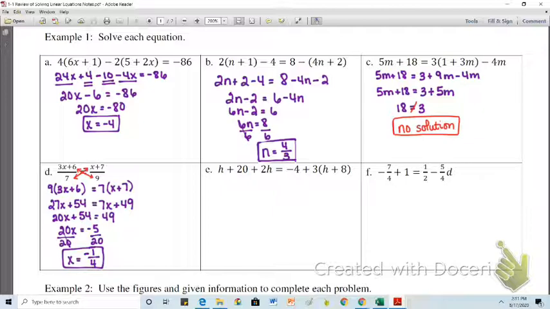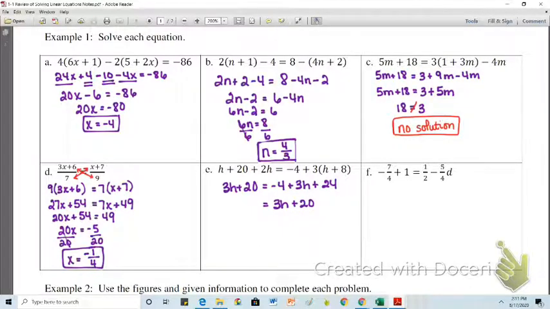So on to E. We're going to go ahead and combine on the left. I get 3h plus 20 equals -4 plus 3h plus 24. If I combine on the right, I get 3h plus 20.